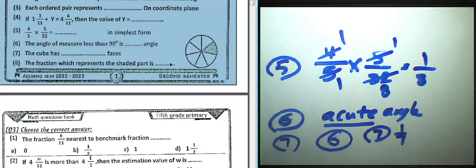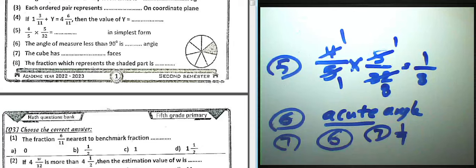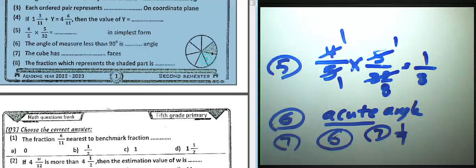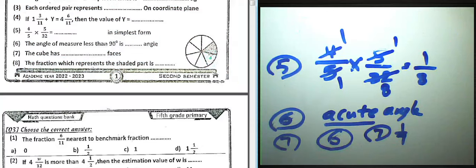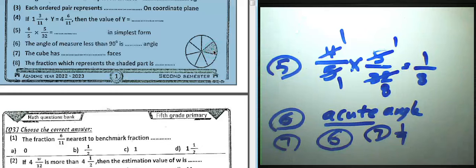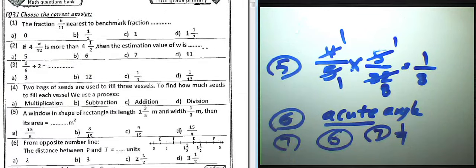We must write 1 over 7 because this part was 1 from how many parts? Again, count with me: 1, 2, 3, 4, 5, 6, 7. Okay, 1 over 7. We have 7 parts, and the fraction which represents the shaded part is 1 over 7.